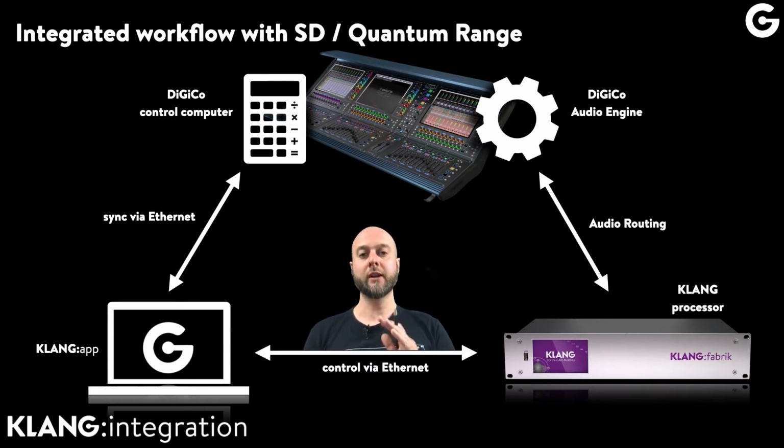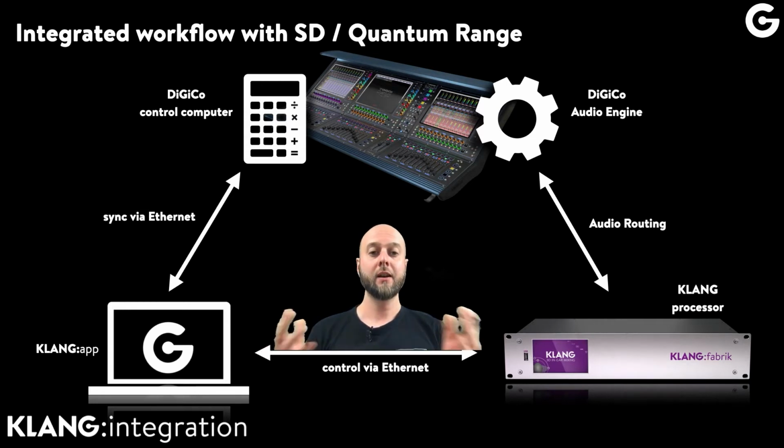Also, storing and recalling and managing your whole session is controlled by this control computer inside there. And then, of course, we have the audio engine of the console, which does the actual processing. So that's where all the channel strip settings are happening, so all the EQs and dynamics, but also levels and summing the individual channels together.